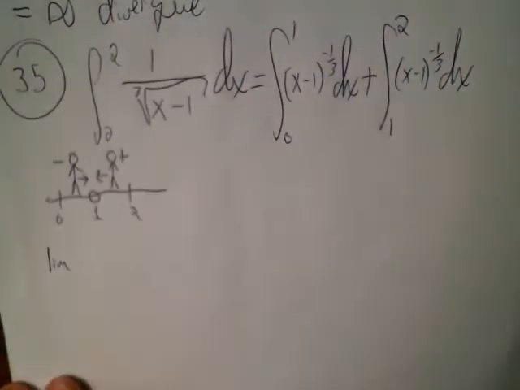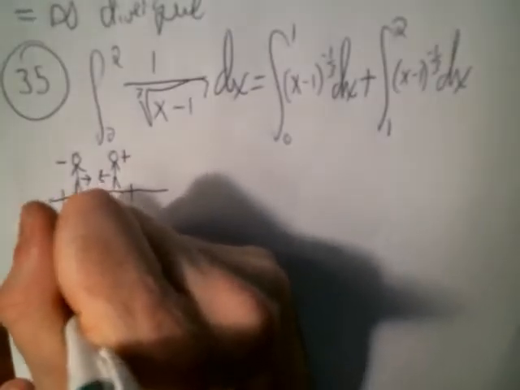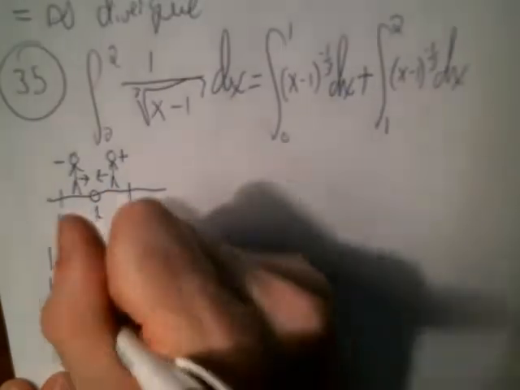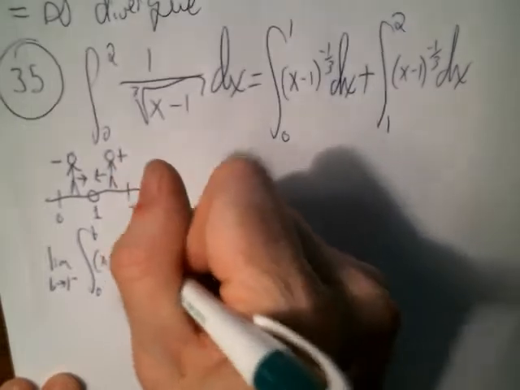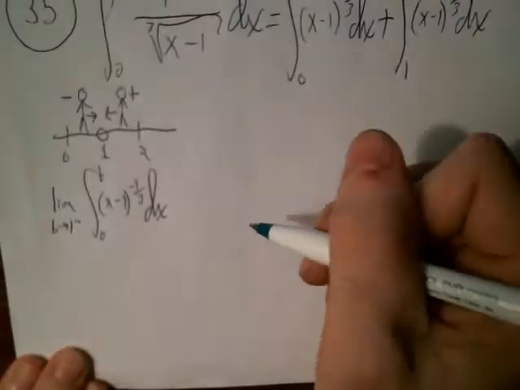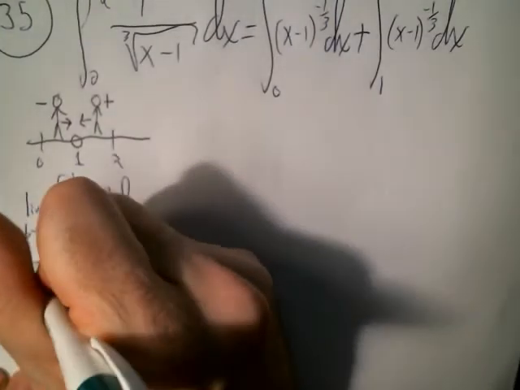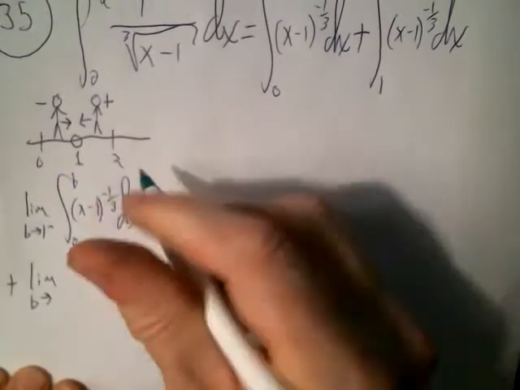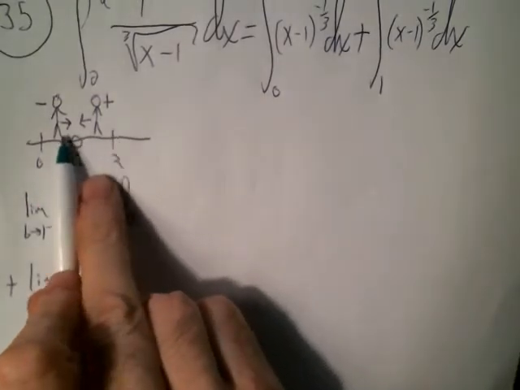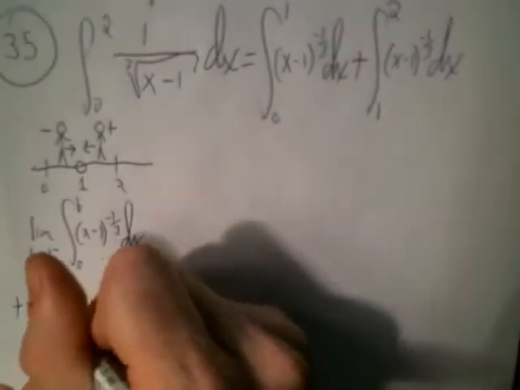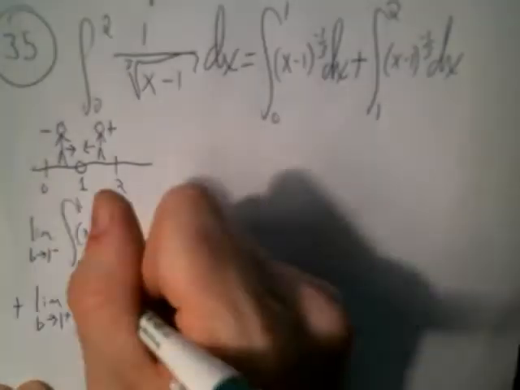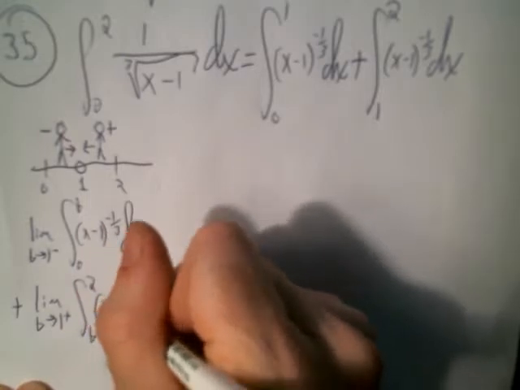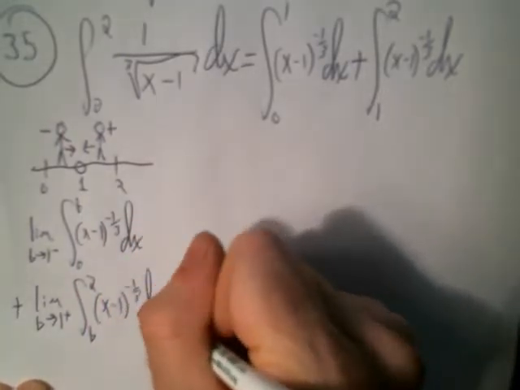So I'm going to do a limit as b goes to 1 from the left of the integral from 0 to b of x minus 1 to the negative 1/3 dx. And then my second limit, plus the limit as b goes to 1 from the right of the integral from b to 2 of x minus 1 to the negative 1/3 dx.